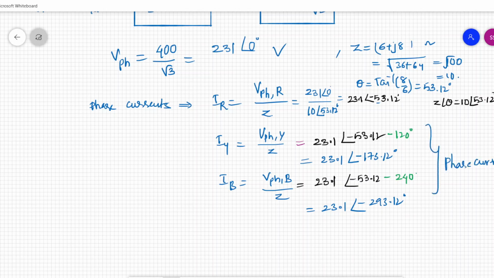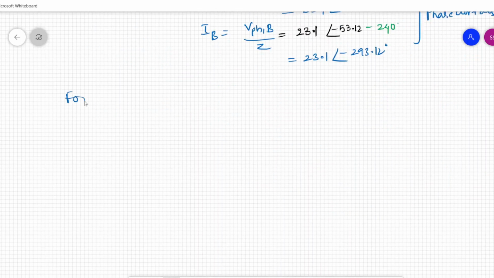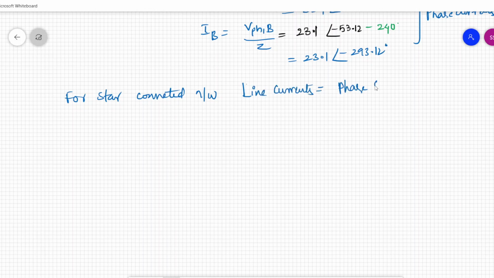These are phase currents, because they are the phase voltage by impedance. Now for a star connected network, line currents equal phase currents in a three phase system, right?